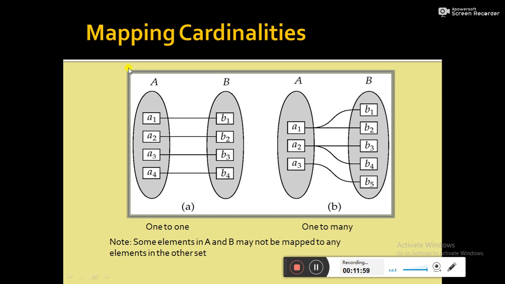Now an entity set A has multiple entries, multiple records: A1, A2, A3, A4.